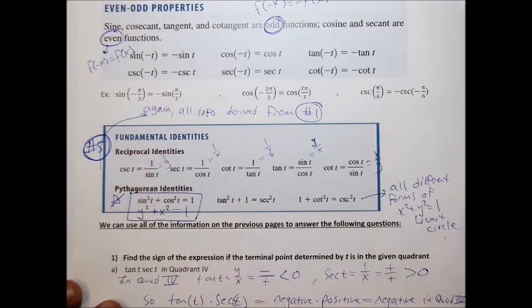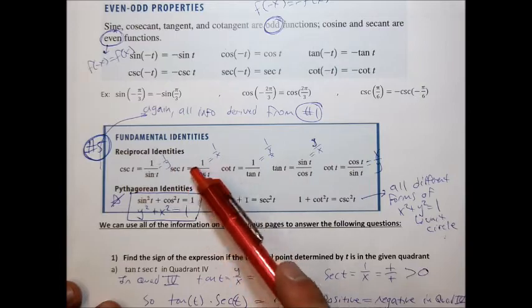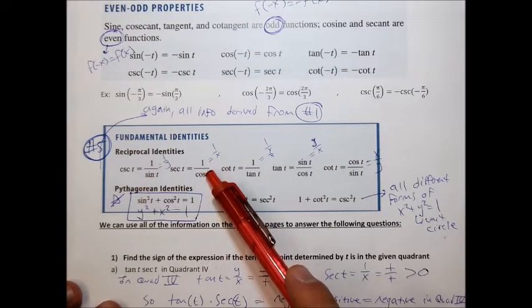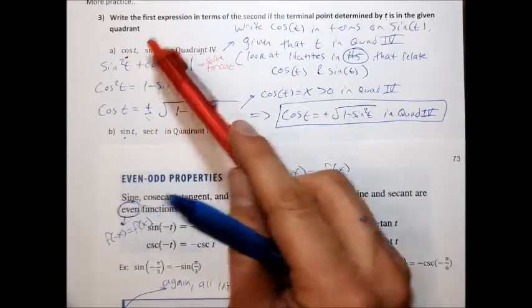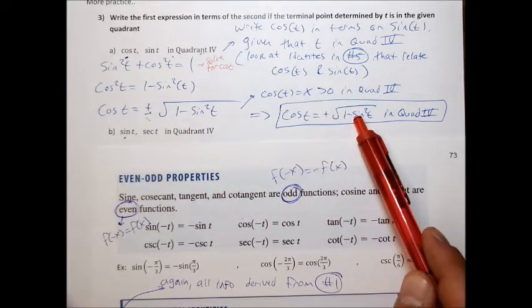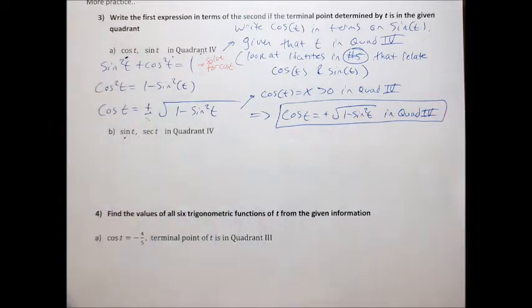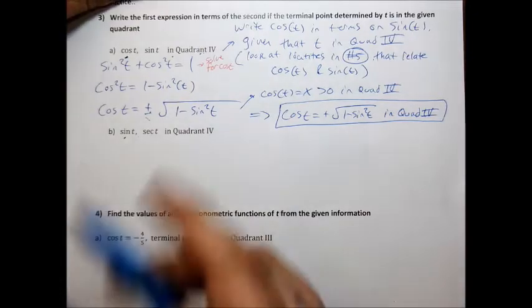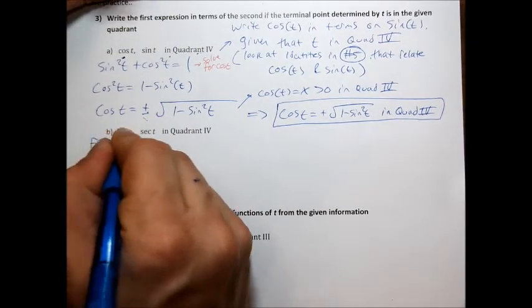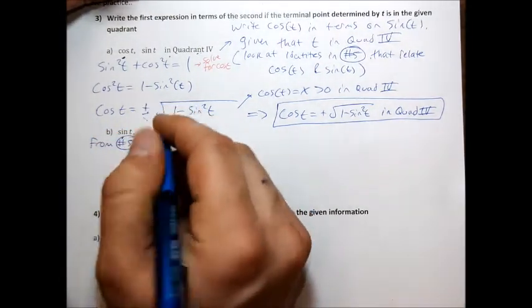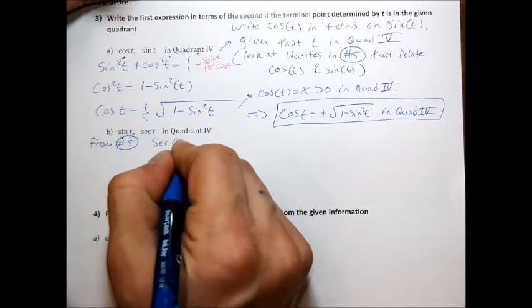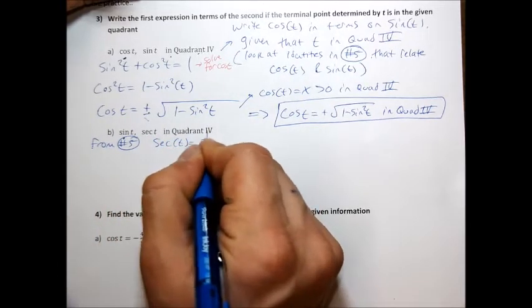So I'm going to have to do this in 2 steps. What I'm going to do is relate secant to cosine, and then we just related cosine to sine. So cosine is this in terms of sine. And so that's what I'm thinking from this one. So from box number 5, we see that secant is 1 over cosine.